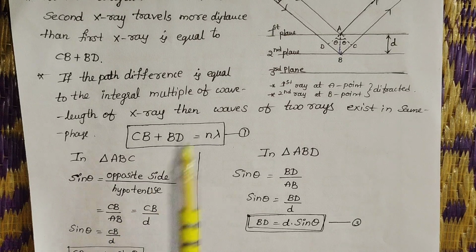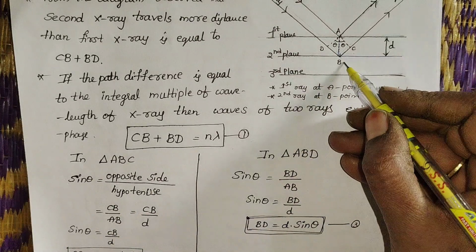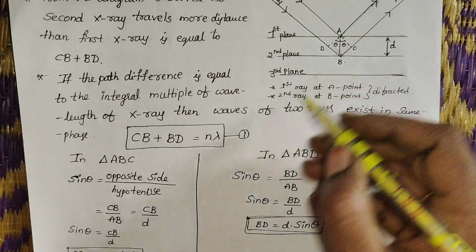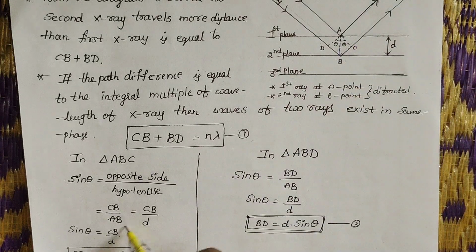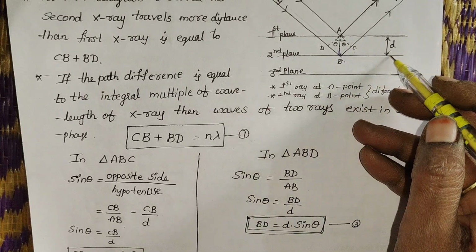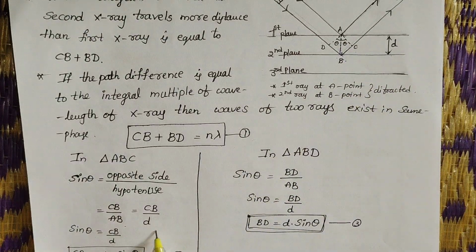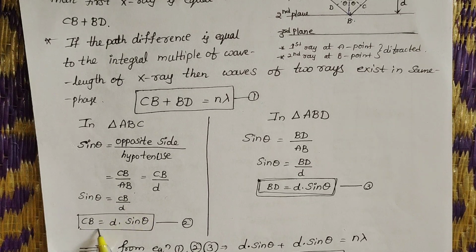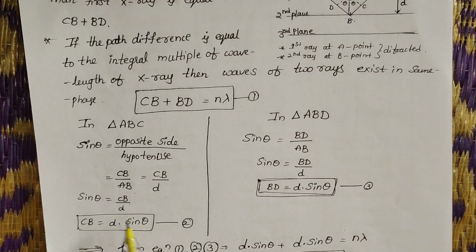The opposite side is CB and the hypotenuse is AB, which equals d. So sin theta equals CB by d, and CB equals d sin theta.